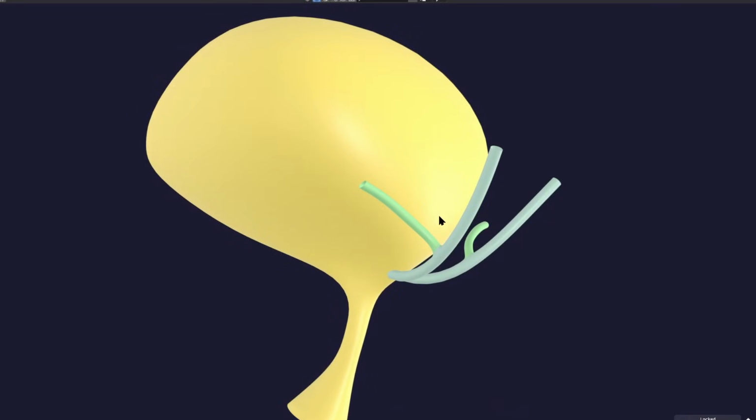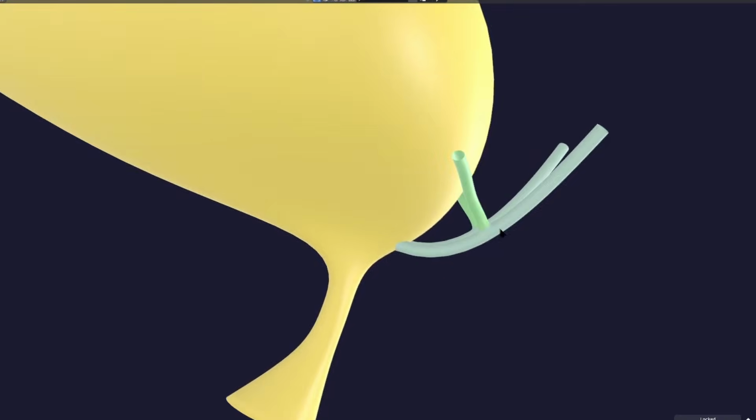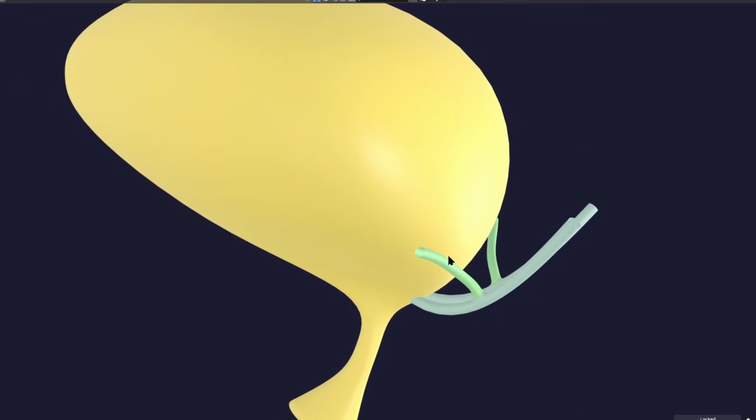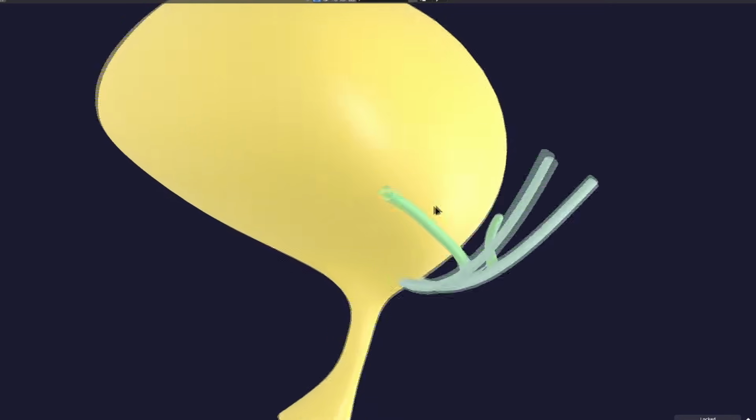So let's see what happens. Now this distal part of the mesonephric duct will be incorporated into the back wall of the vesical part of the urogenital sinus, which is actually going to form the urinary bladder.